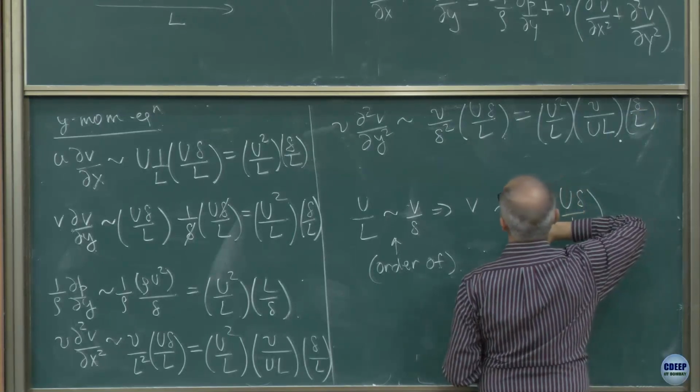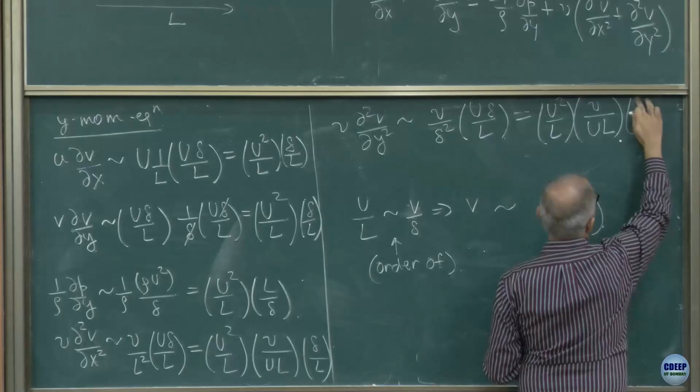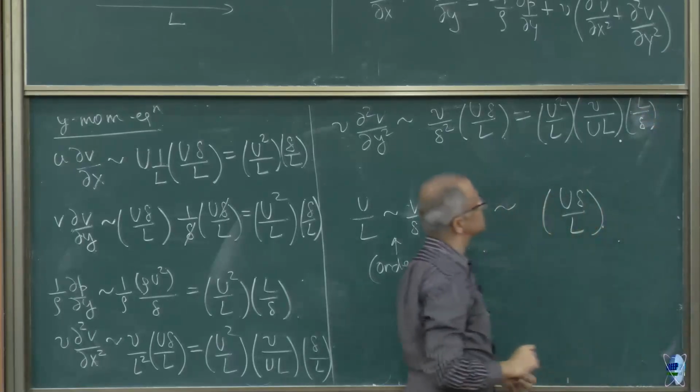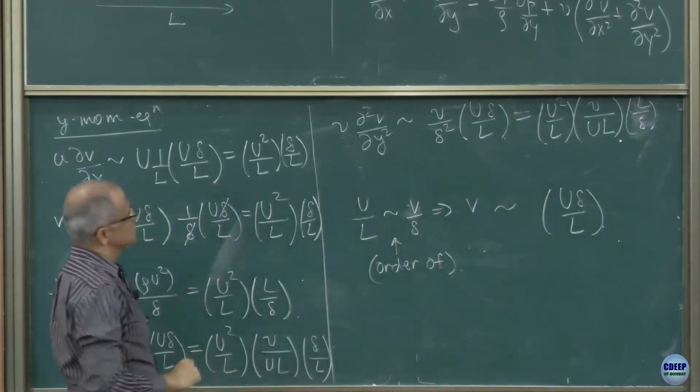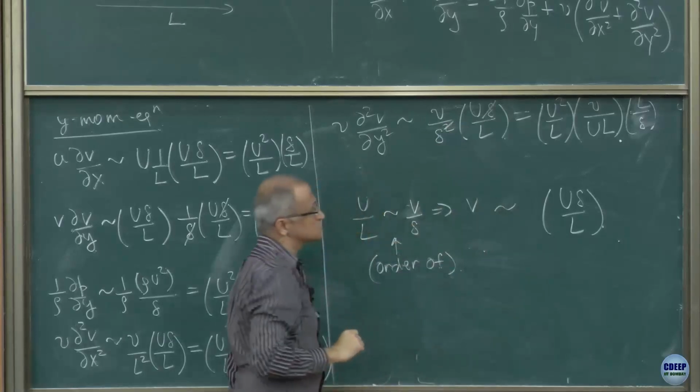Should it be L by delta, the other way around? Sorry, L by delta, maybe we should write it out. No, one delta is cancelling out. I think this is correct. So one delta is cancelling out, and this is what I get.